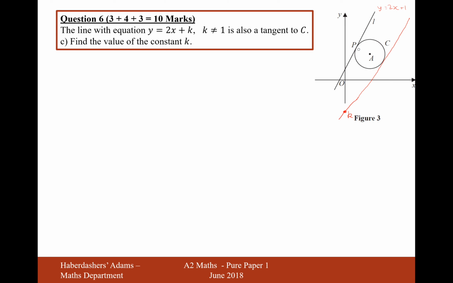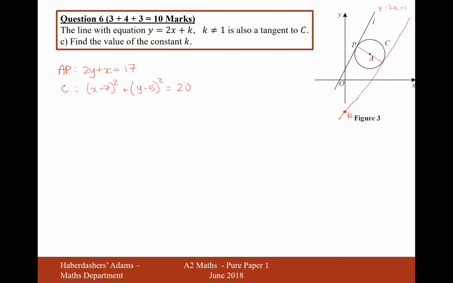So what do I already know? I know that the line from A to P is 2y plus x equals 17, and I know that the equation of the circle C is x minus 7 squared plus y minus 5 squared will equal 20.